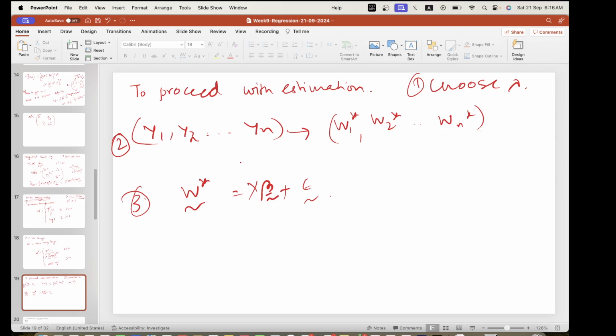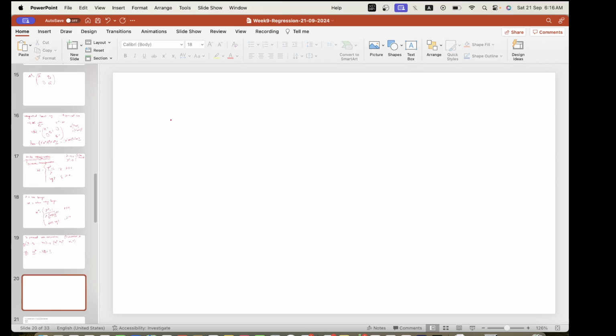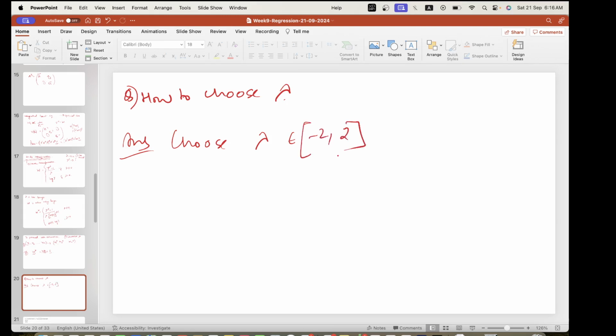Now the question becomes how to choose lambda. We choose lambda between -2 and 2.